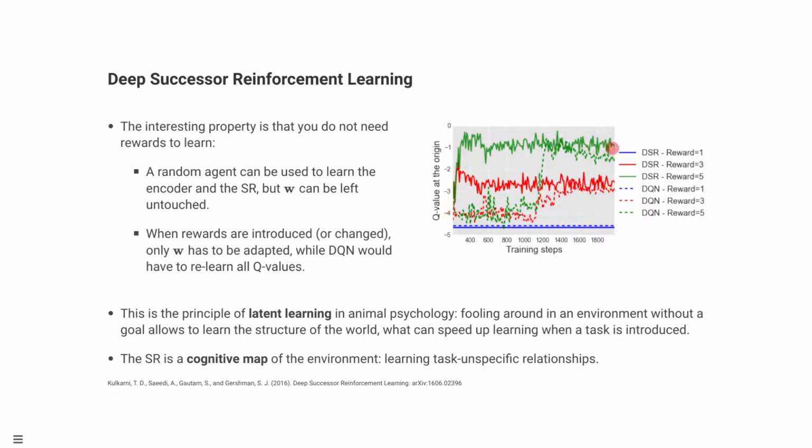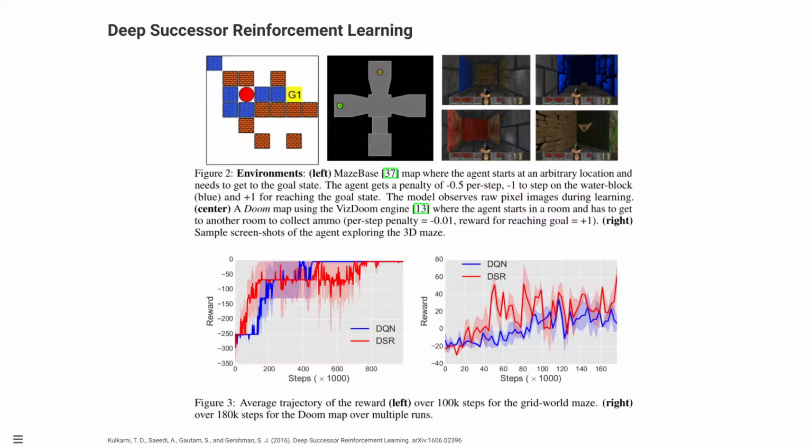to a change in the reward distribution, while DQN needs a lot of time to readapt to a change in the rewards, because you need to relearn all Q values in all states in order to adapt to that. While it's almost immediate in DSR. That means you can learn the SR of going always left, then you put it on the right.